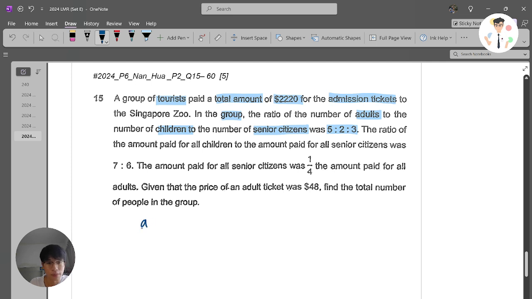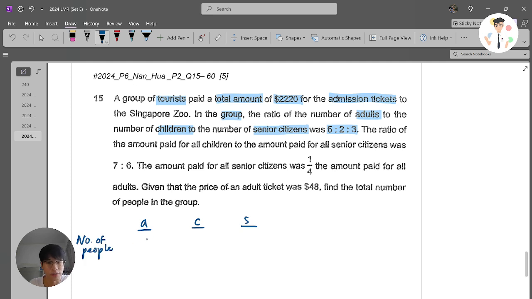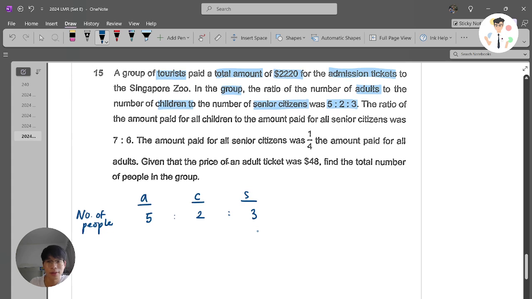I have adult, I have children, I have senior citizen, and the number of people is in the ratio of 5 to 2 to 3. And the ratio of the amount paid for all children to the amount paid for all senior citizens was 7 to 6.